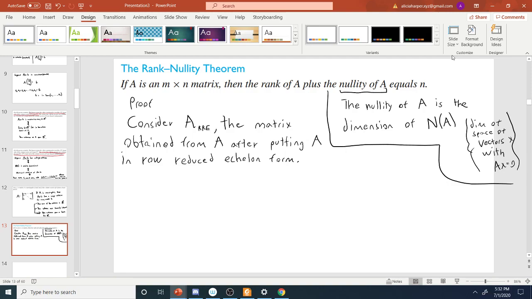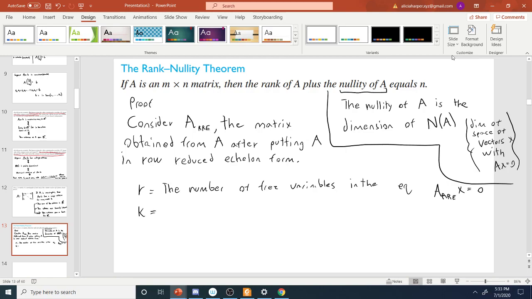All right. So, associated to this is R and K, where R is the number of free variables in the equation A RRE times x is equal to 0.